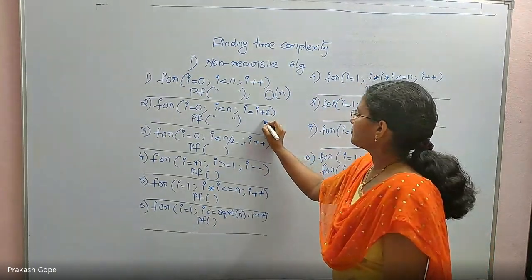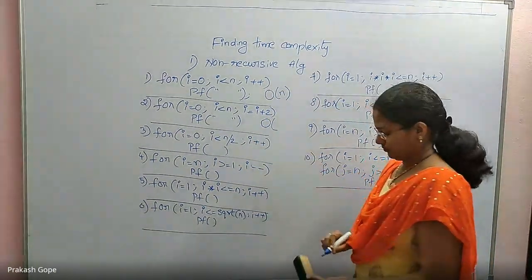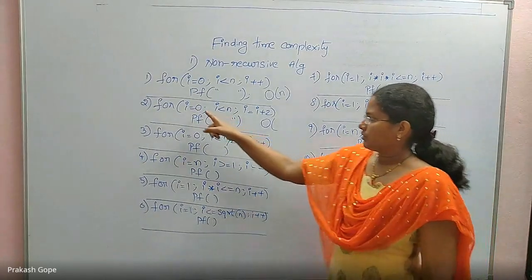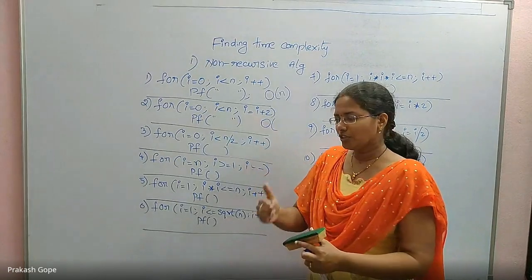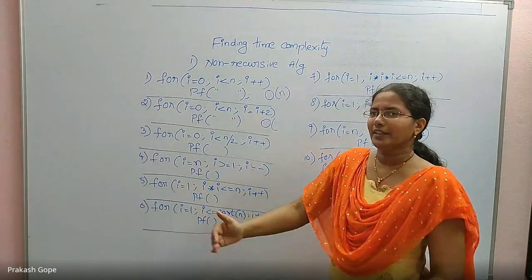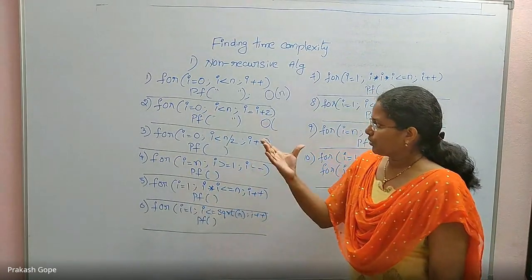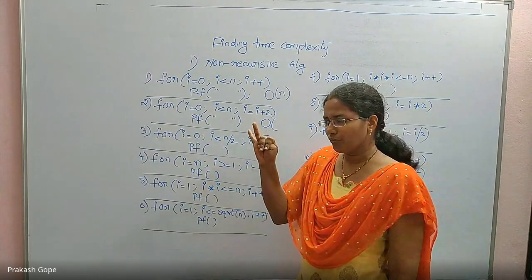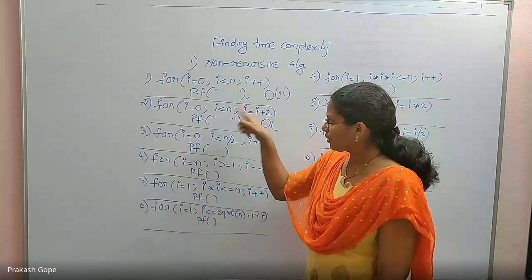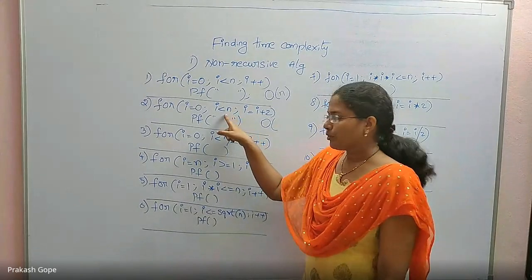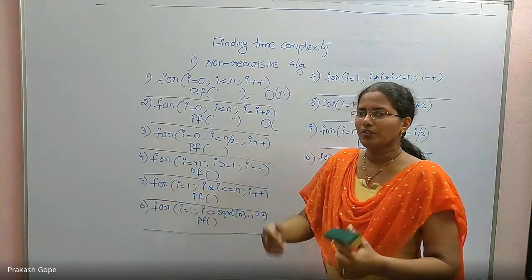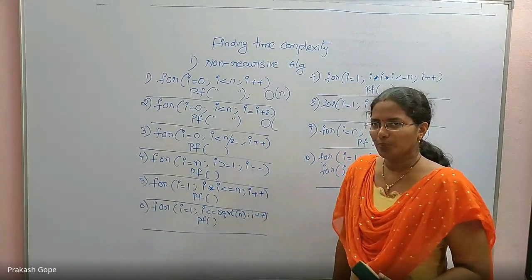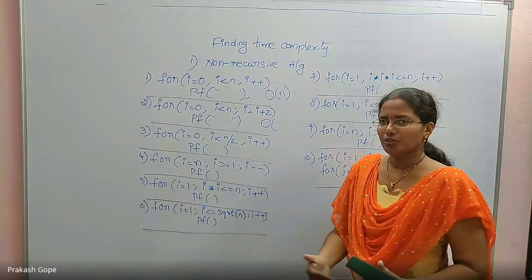Second one. 0 to n minus 1, I equal to I plus 2. It is not incrementing by 1, it is getting incremented by 2. Which means I equal to 0, 2, 4, 6, 8, and for all of them it is getting executed. We are interested in these even numbers up to n. So how many even numbers will be there up to n? Approximately n by 2.